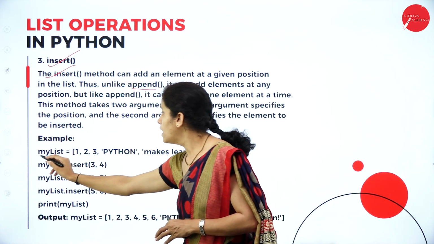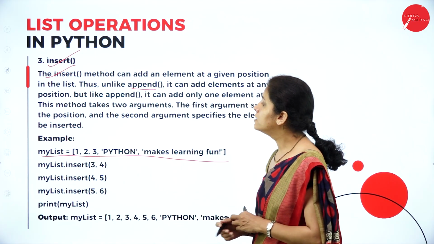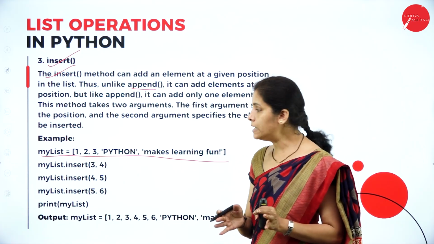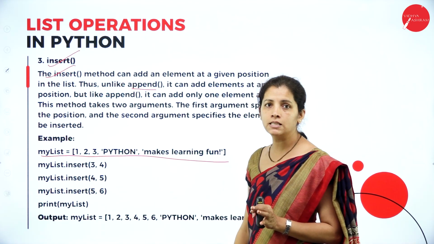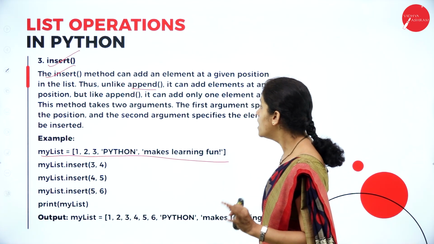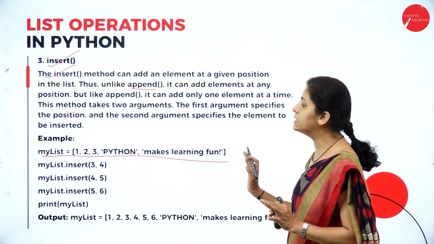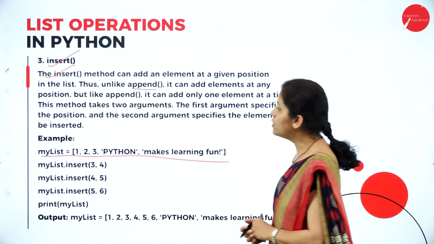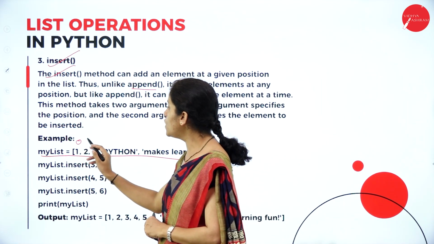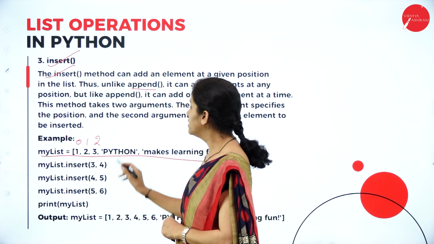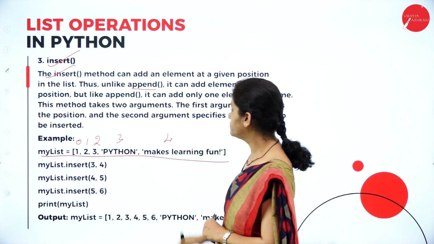See here, I'm going to create the list. What is my list name? My list. And I'm going to have the elements 1, 2, 3, Python makes learning fun. So the index starts from 0, 1, 2, 3 and 4.